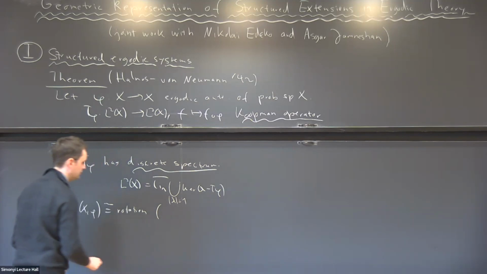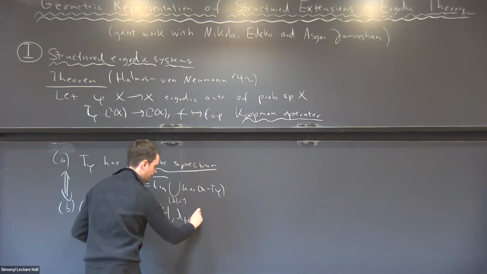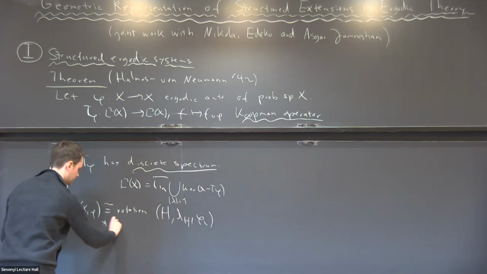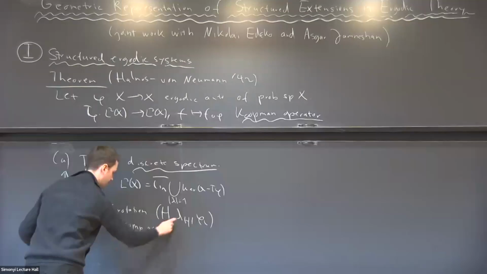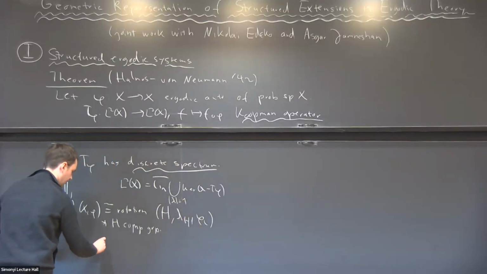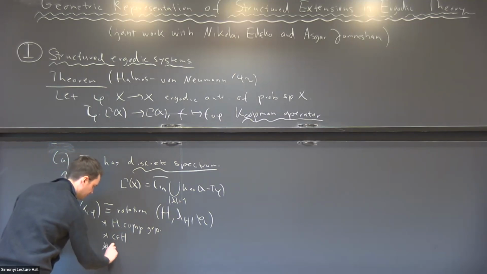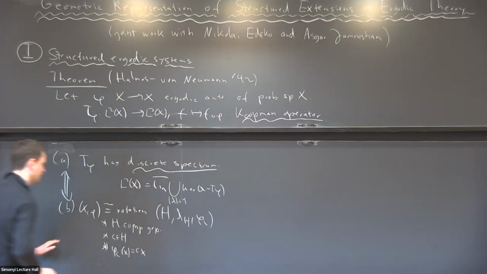So I will write this down as follows. I have the compact group H, I have the Haar measure, and I have the dynamic given by rotation. So H is the compact group with Haar measure lambda H, and c is just some element in the group, and my action is given by rotating from the left with this c.